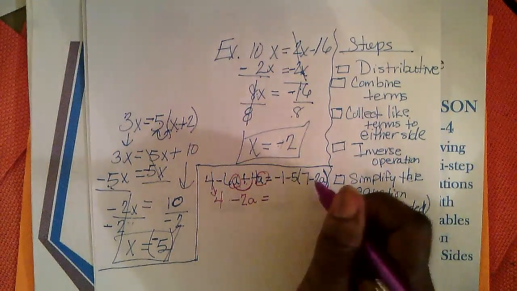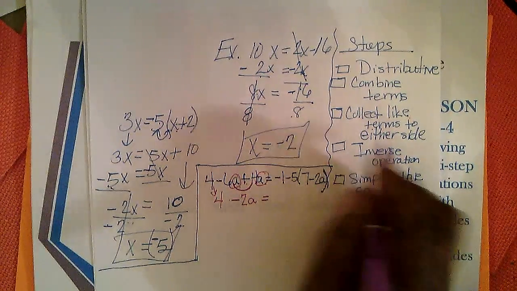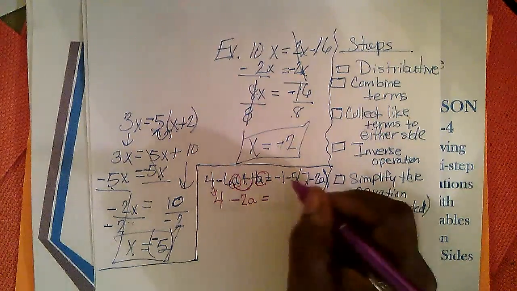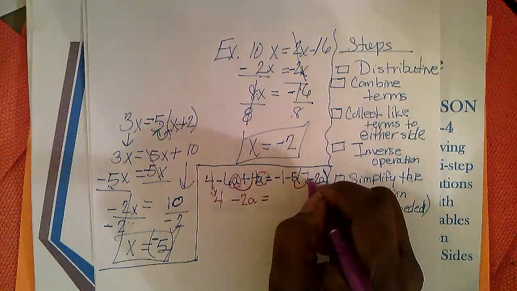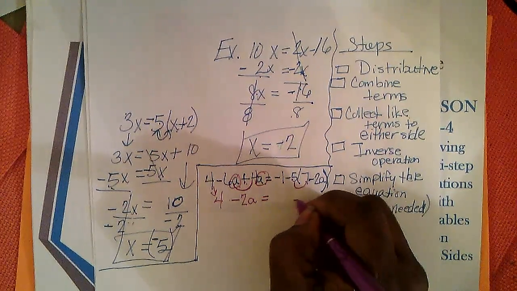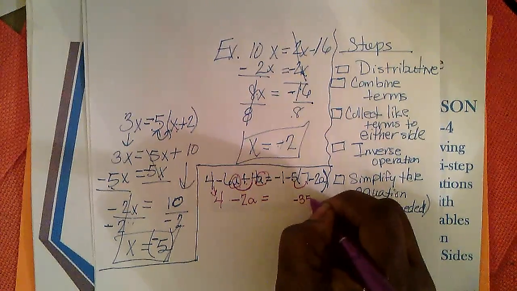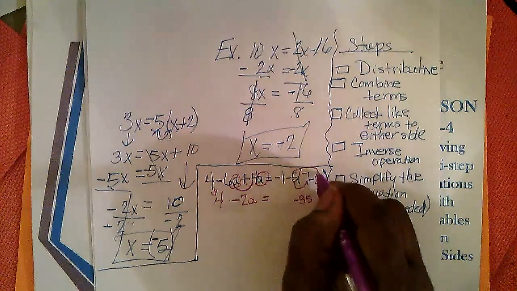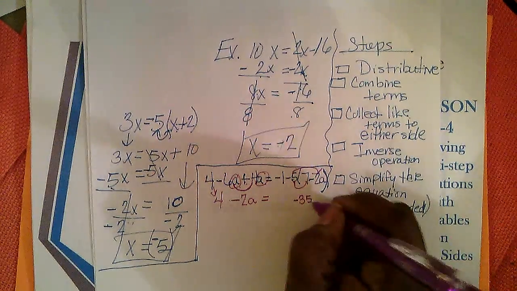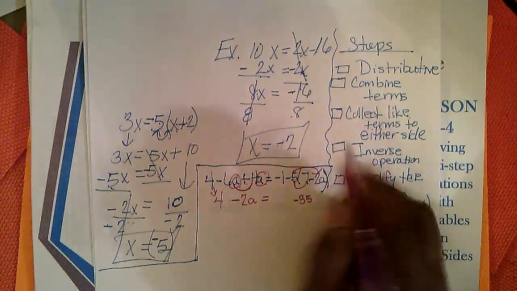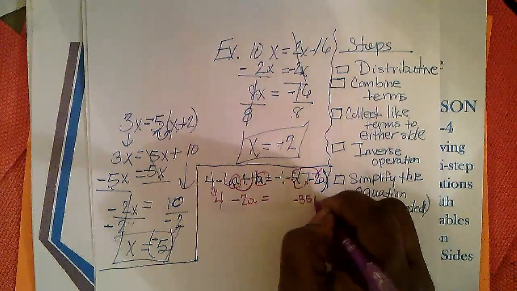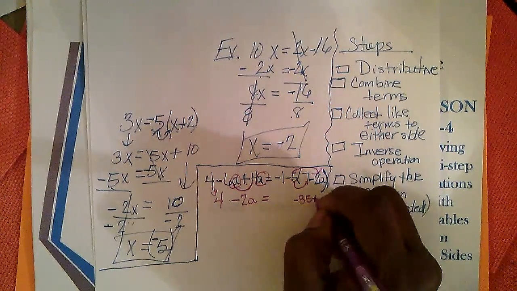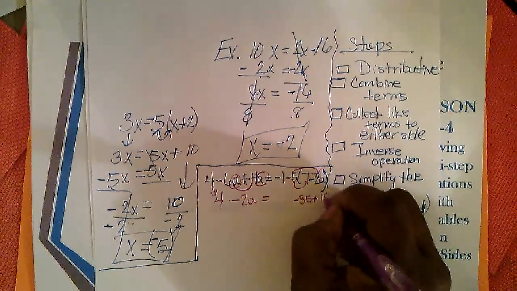Now, on this side, we're going to do the distributive property first. So negative 5 times 7 gives us negative 35. And then negative 5 times negative 2a gives us positive 10a.